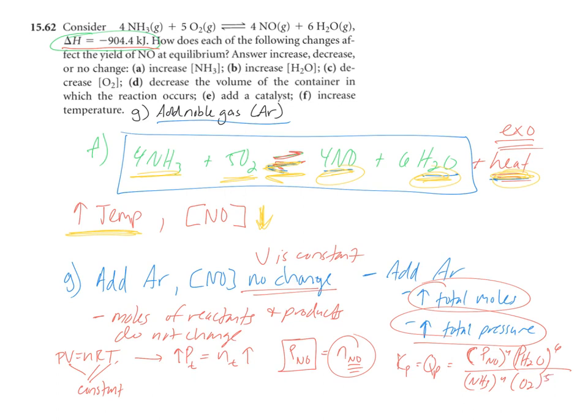And since argon would not show up in this expression, argon has zero influence on the equilibrium. And also, since total pressure, which argon influences, doesn't show up in your equilibrium expression, argon has no influence on equilibrium.